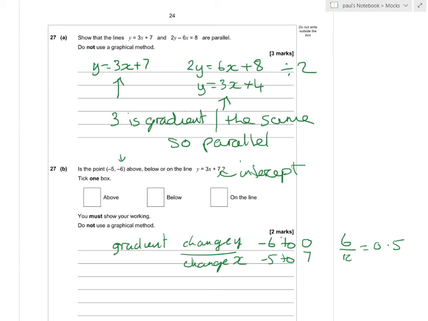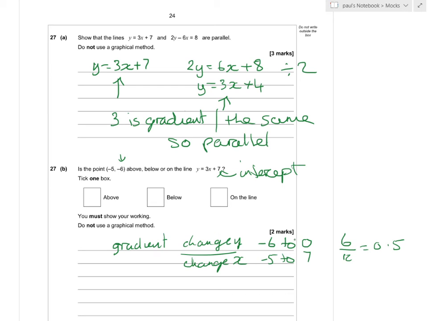Changing y. Oh, I've done the x and y's the wrong way around. Hang on. Changing y, which is 6 to 0. Minus 5.